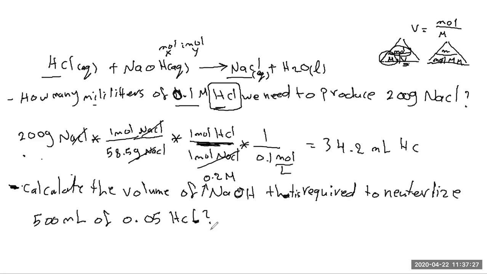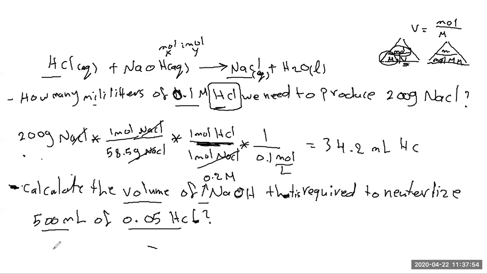By the way, this is considered stoichiometry, and the titration also, because the titration is also one type of the stoichiometric calculation. So here we will calculate how much the volume of 0.2 molar NaOH is required to neutralize 500 milliliter of 0.05 HCl.